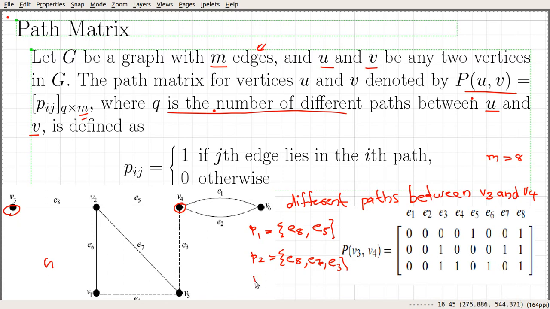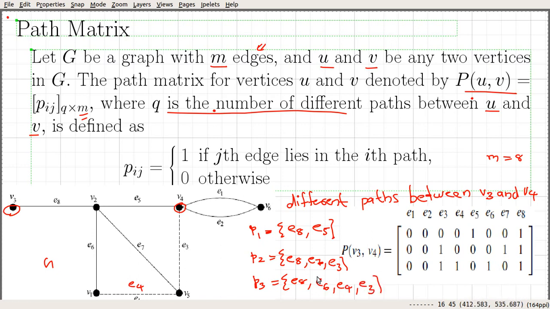There is one more path, which we call p3. The path contains the edges e8, e6, then followed by e4, and then using this edge e3.